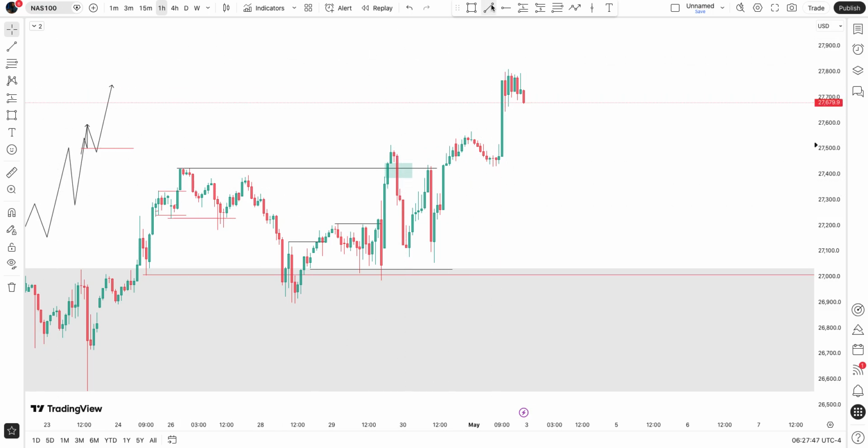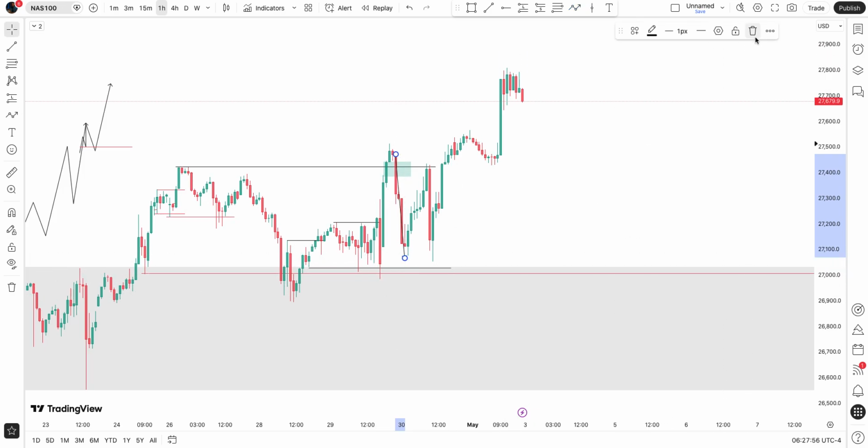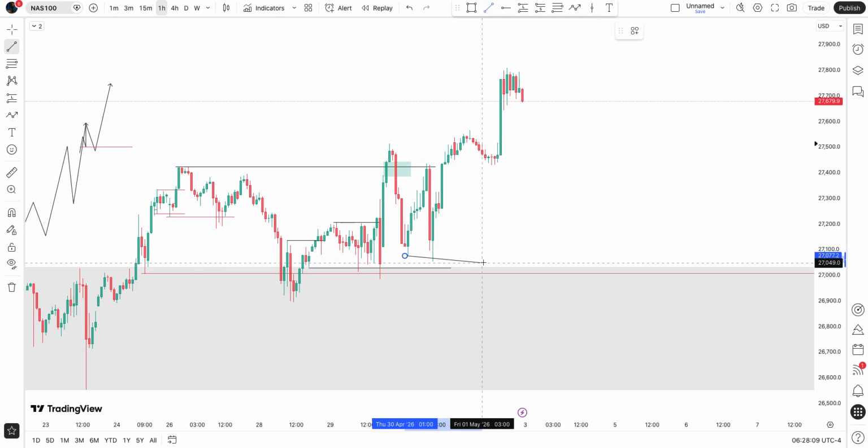Then I wanted to see if price will break this low, because this is a clear low, and it didn't. Price went back up again, and came back down. I still want to see the same thing, if it will break the low, but it didn't. Then I had my liquidity here, because remember, we're still at the buy zone, right?